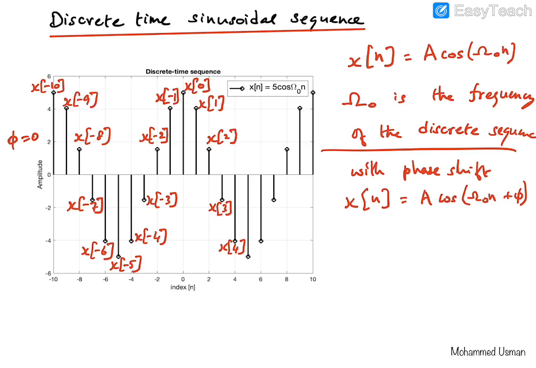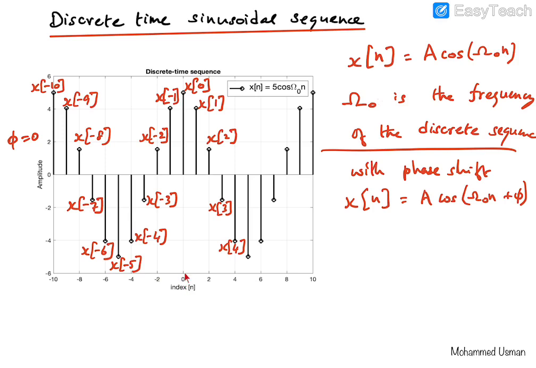And the phase, as I said, if there is a phase shift, will cause this sequence to be shifted to the left or to the right, depending on the sign and magnitude of the phase shift. So that means instead of x of 0 being this value, we can have the 0 getting shifted to here, and that would be the sequence shifted to the right by some amount.